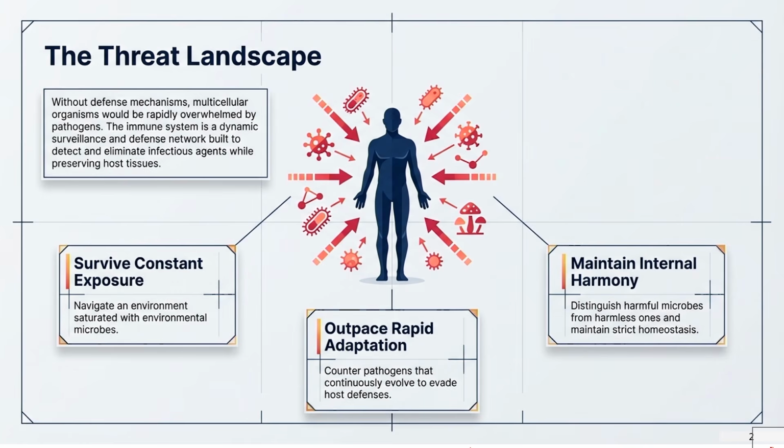And of course there is internal harmony. To maintain the internal harmony, the harmful microbes must be distinguished from the harmless ones. For example, in the gut system of a human body, we have a lot of tiny bacteria, and these bacteria are very useful for maintaining gut homeostasis.